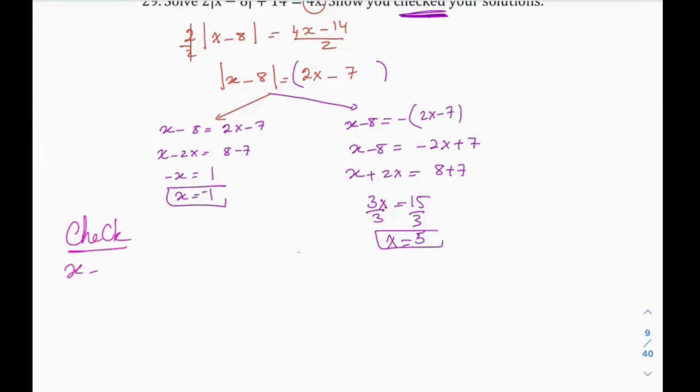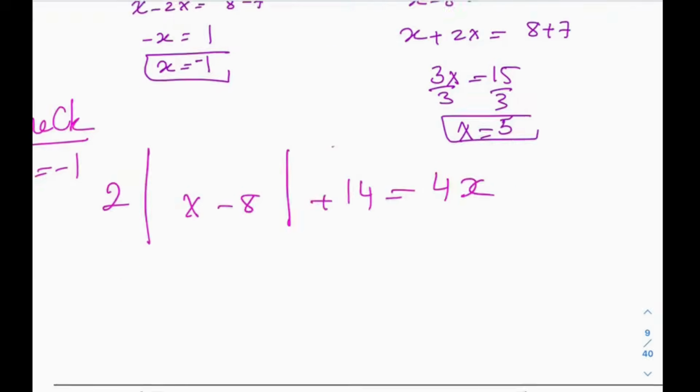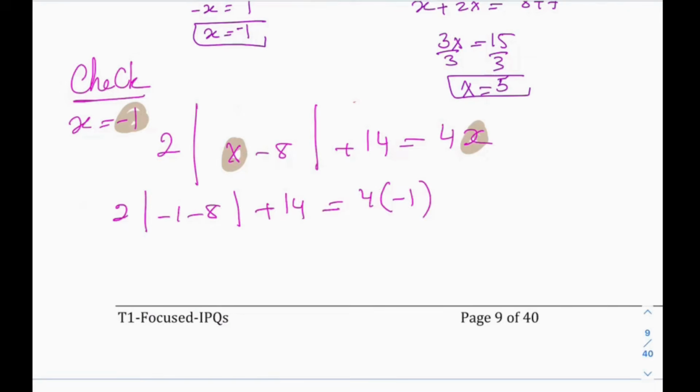Take this x equals -1 and replace it in the original equation. This is the original equation. So what are we going to do? We are replacing the x here and there with the -1. So 2 times -1 minus 8. And we check whether the sides are equal. Right-hand side is equal to the left-hand side. This is -9.